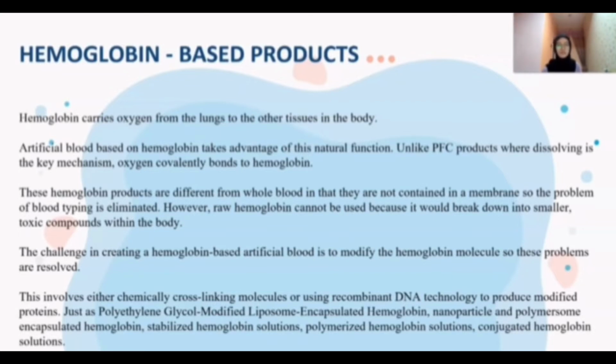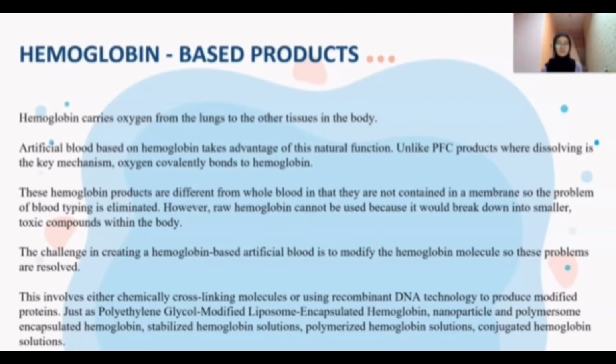However, raw hemoglobin cannot be used because it will break down into smaller toxic compounds within the body. There are also problems with the stability of hemoglobin in a solution. The challenge in creating a hemoglobin-based artificial blood is to modify the hemoglobin molecule so that these problems are resolved.